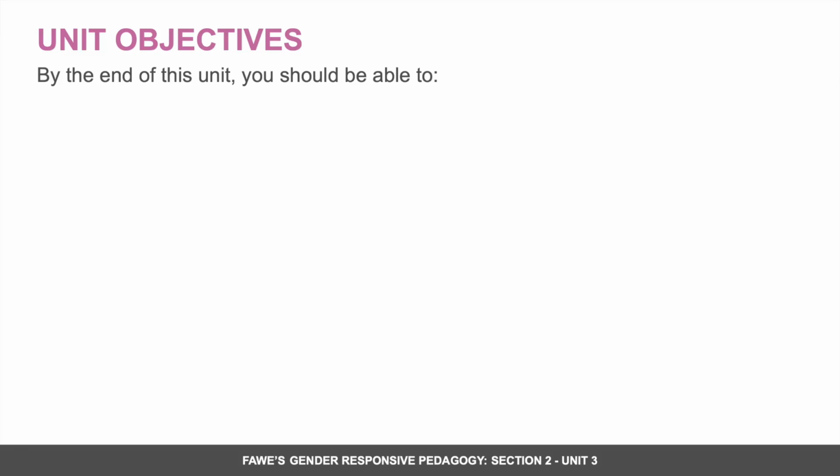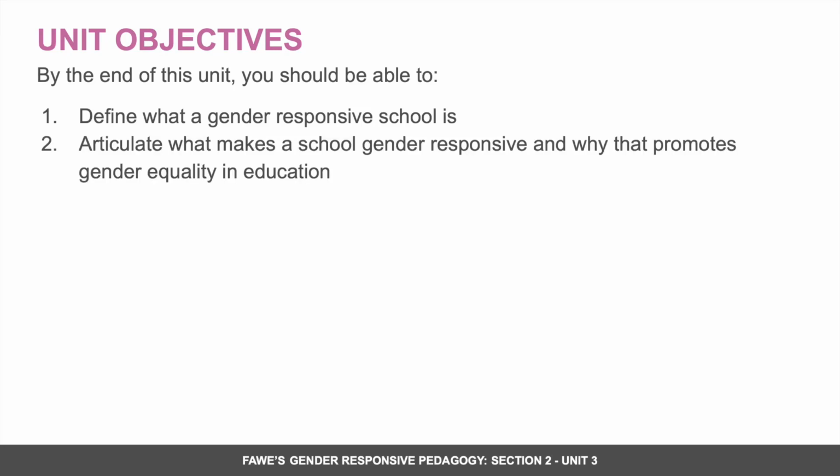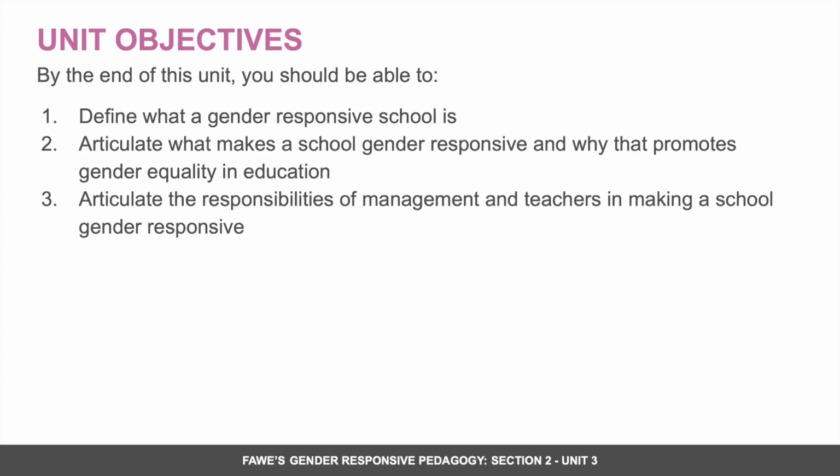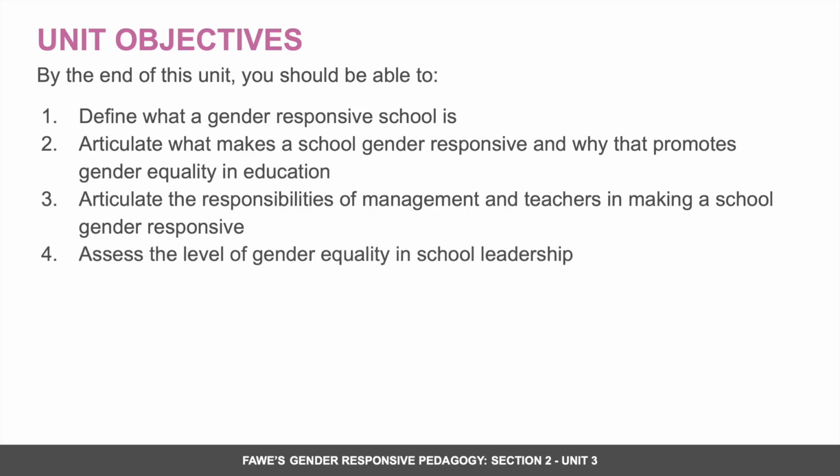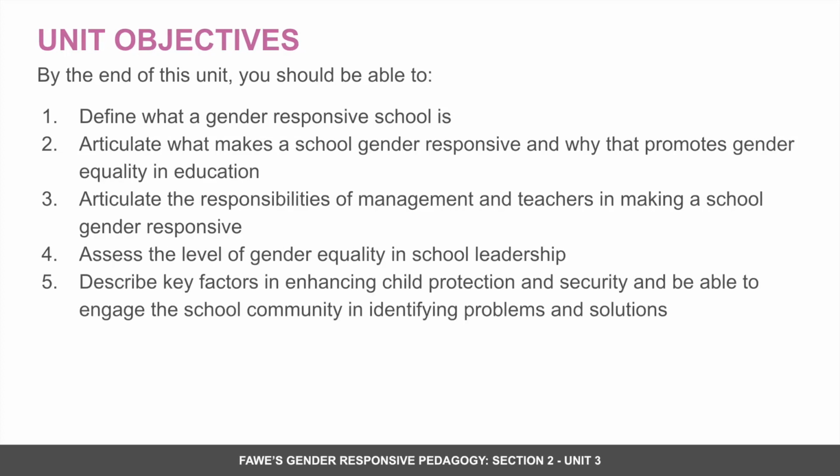By the end of this unit, you should be able to define what a gender-responsive school is, articulate what makes a school gender-responsive and why that promotes gender equality in education, articulate the responsibilities of management and teachers in making a school gender responsive, assess the level of gender equality in school leadership, describe key factors in enhancing child protection and security, and be able to engage the school community in identifying problems and solutions.